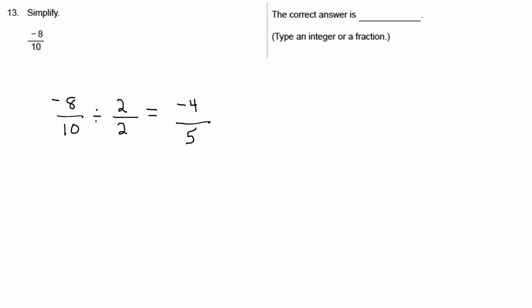If you look at 4 and 5, we can ask ourselves if there's another number that we can divide 4 and 5 by evenly. So there isn't another number. That's because 5 is a prime number, so the only factors are 1 and 5. And 4 is not divisible by 5. So the simplified fraction is just -4/5.